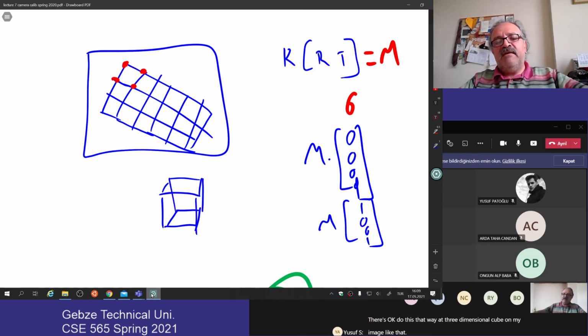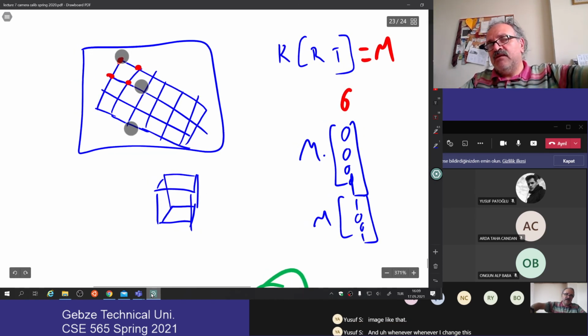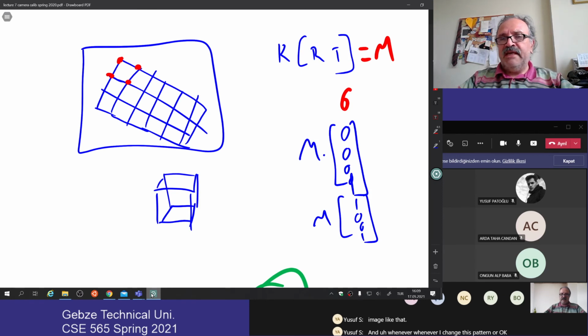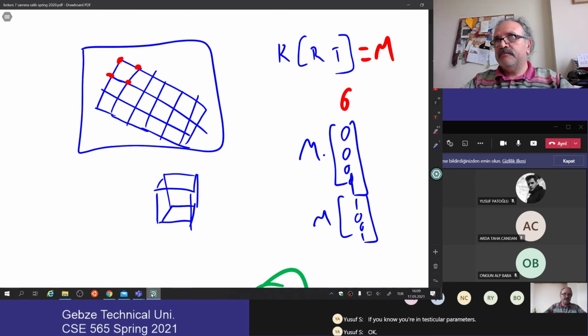And whenever I change this pattern, my cube changes accordingly. Okay, so I am doing some kind of augmented reality work, if you know your intrinsic parameters. Okay, so that's good.